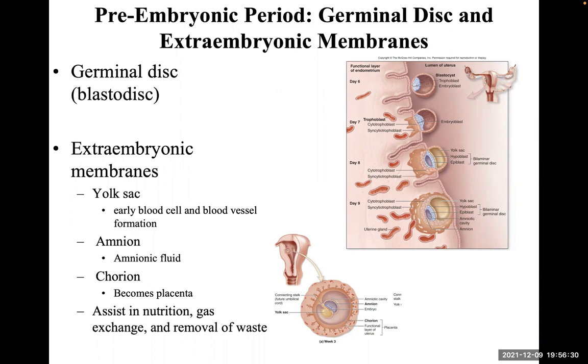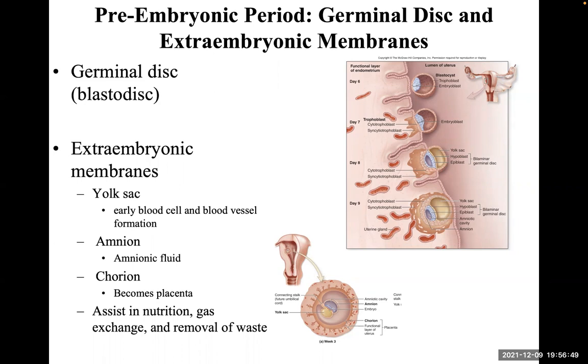And actually, I'm going to skip over this slide aside from the fact I just want to point out the chorion. The cells that become the chorion are the cells that ultimately become the placenta. And the placenta is a really important structure.